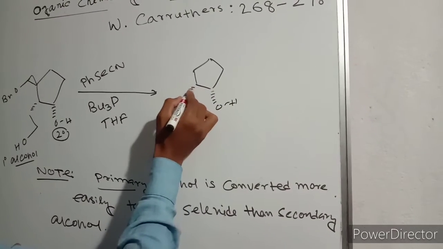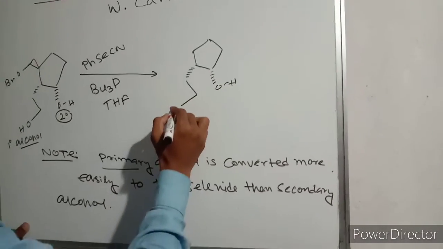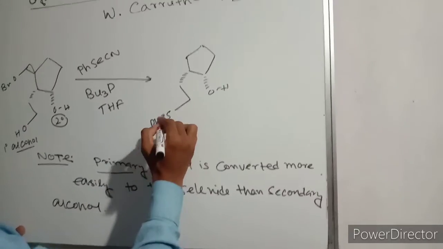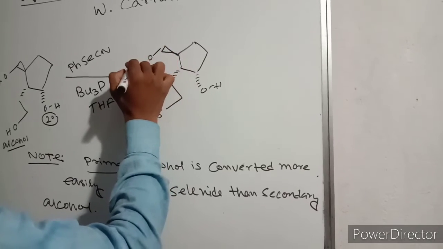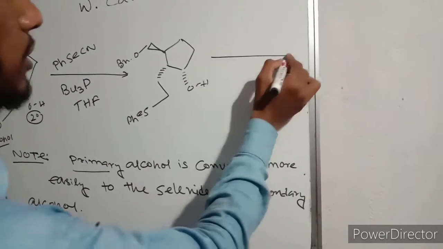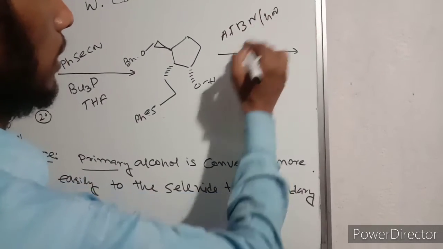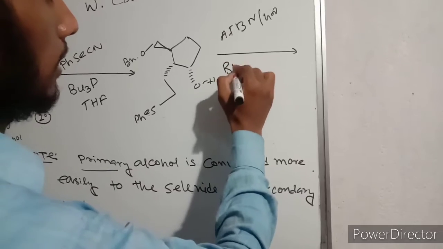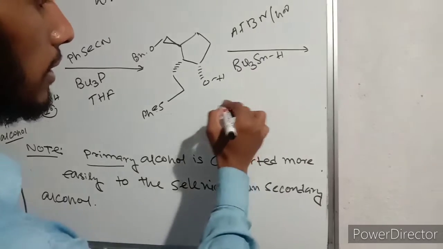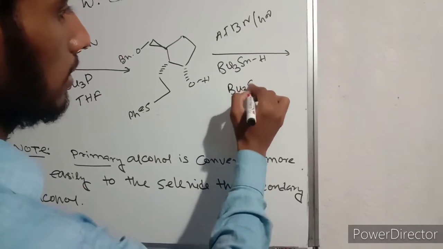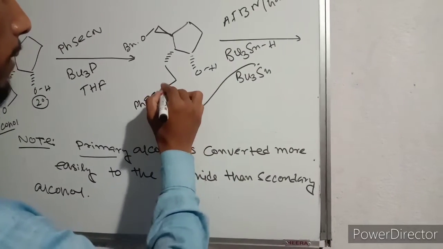And what will we get? Then if we treat this with AIBN, h nu and tributyl tin hydride, what will we get? From here we get the active tributyl tin radical. This will attack the selenide and this one would migrate.